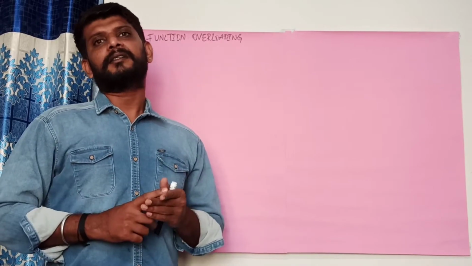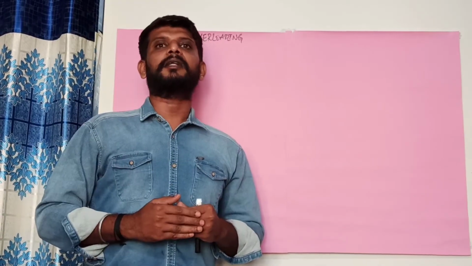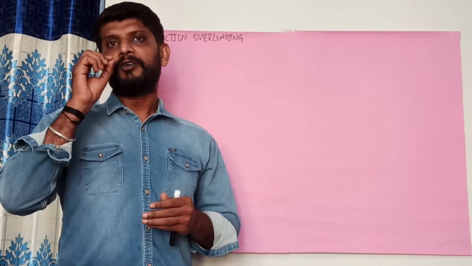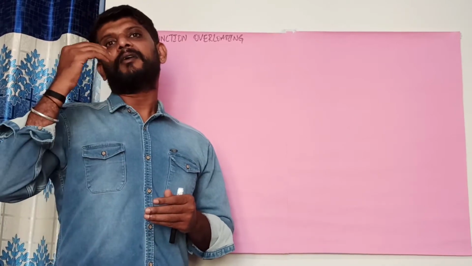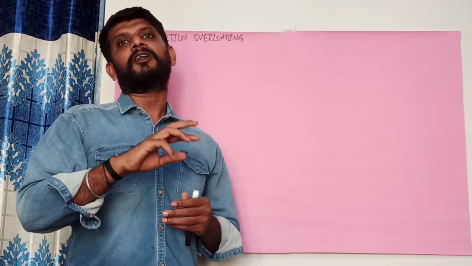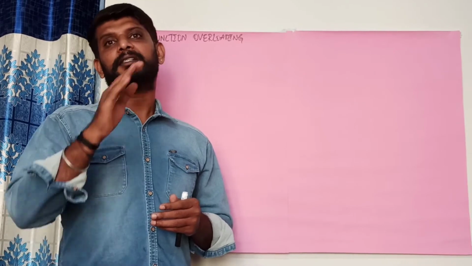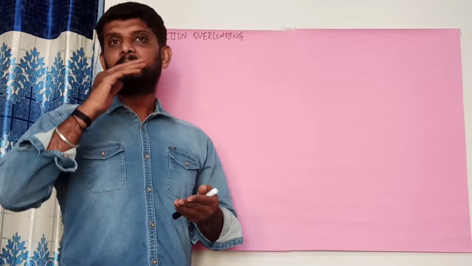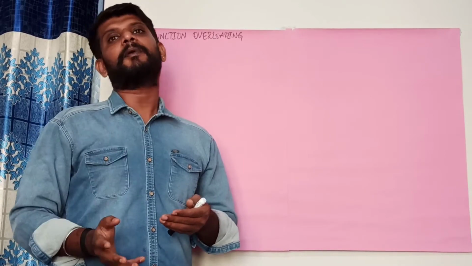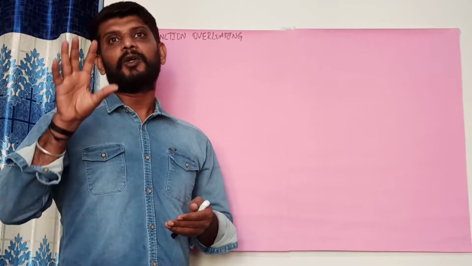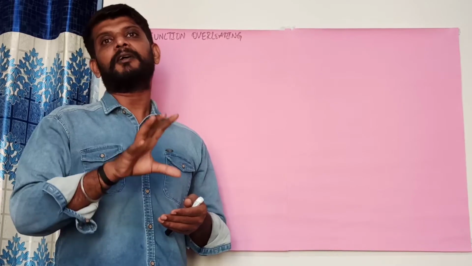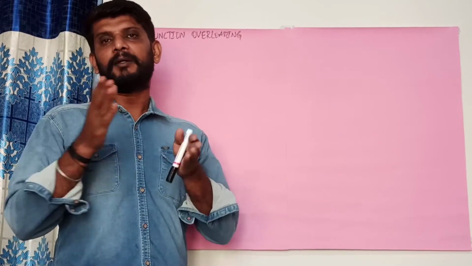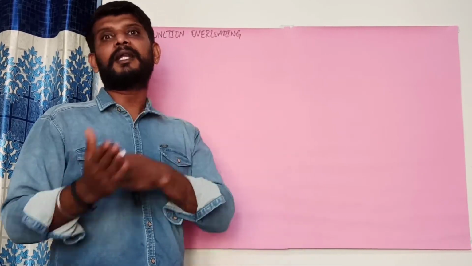The next thing is, whenever you are implementing the concept of function overloading, you have to make sure that you have different types of arguments or different numbers of arguments in different functions. If both the functions have the same number of arguments and the same type of arguments with the same name, you cannot implement function overloading. What happens is, one function overrides another function.